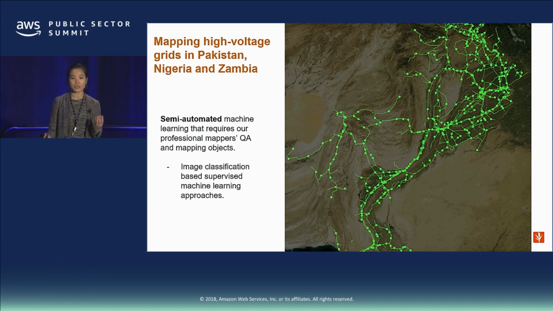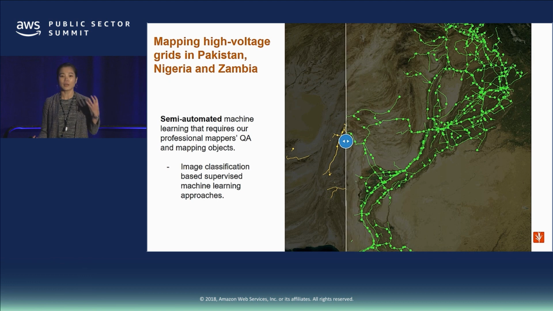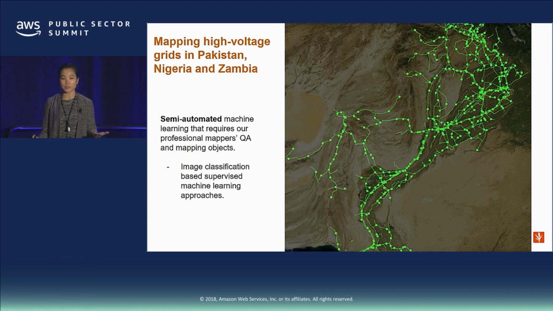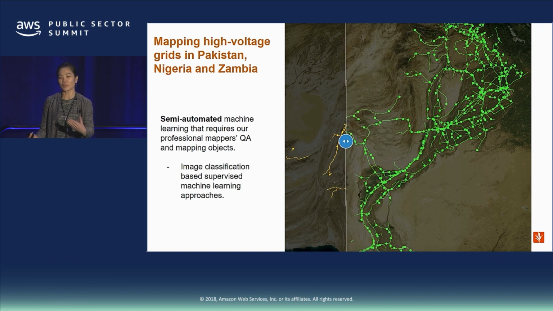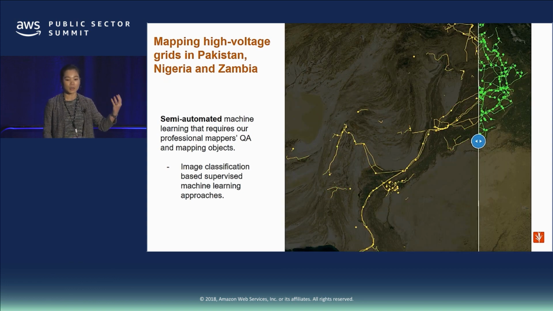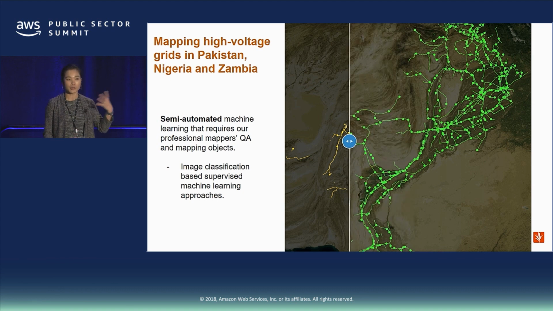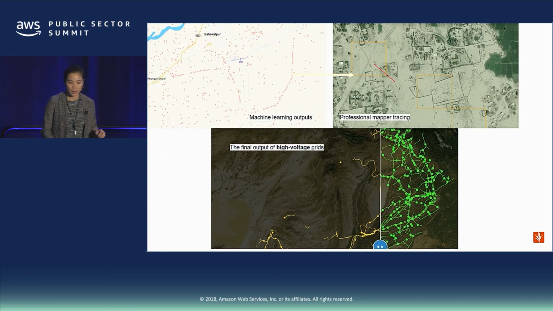This image classification takes in high voltage tower satellite images, which we selected for training data, right? Then we train this machine learning model. Then we take the whole country of image tiles and run them through this model, and it outputs whether an image contains a high voltage tower, and then our professional mappers at DevC can go in and trace the high voltage grid.